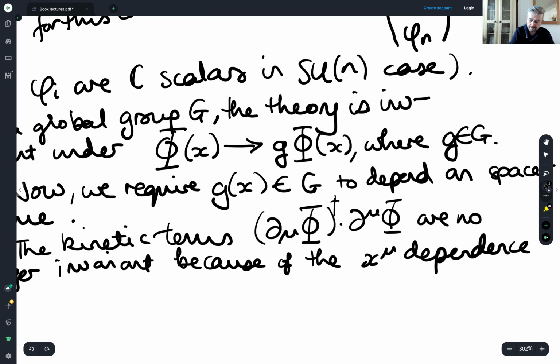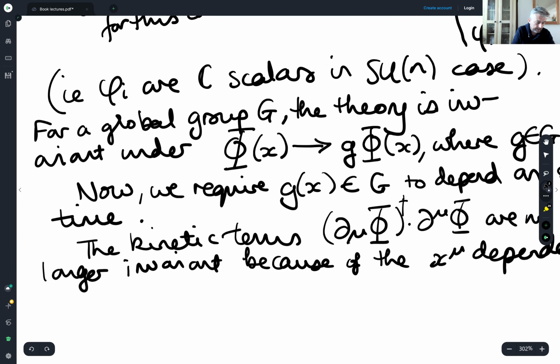Well, it's really the x mu dependence in the g of x, because phi of x goes to g of x times phi.